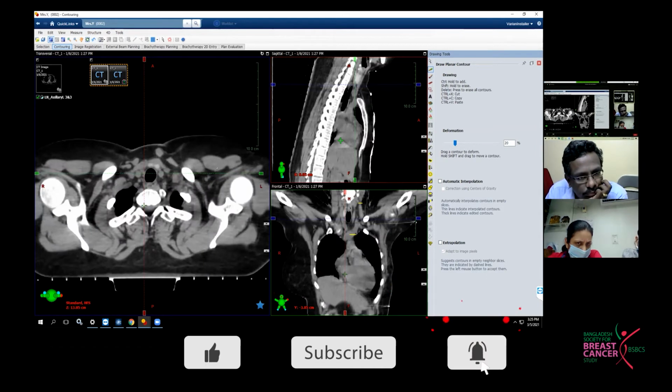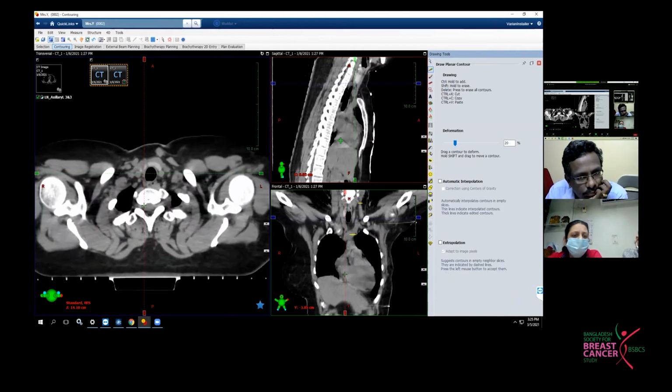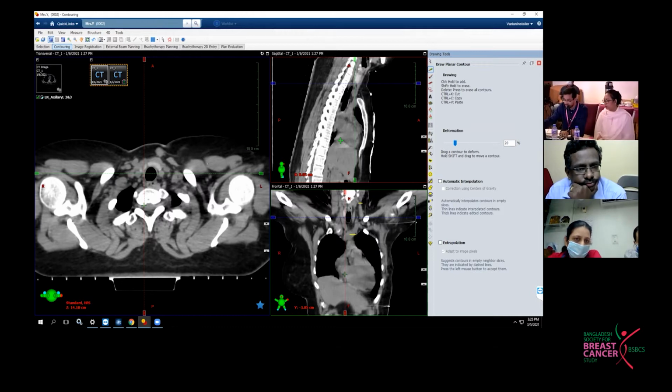Okay, this is the coracoid process, and it is the most superior border of the axillary level 3, and its anterior border will be the posterior surface of the pectoralis major muscle. This is the pectoralis major muscle.